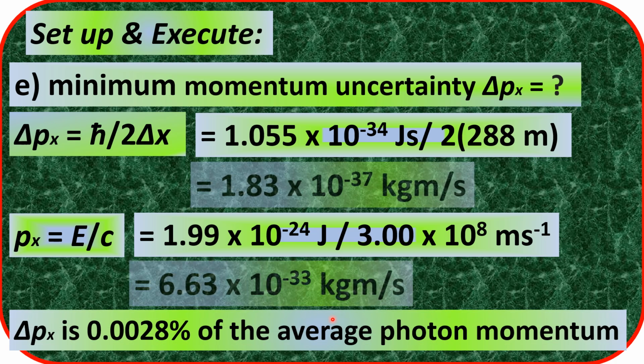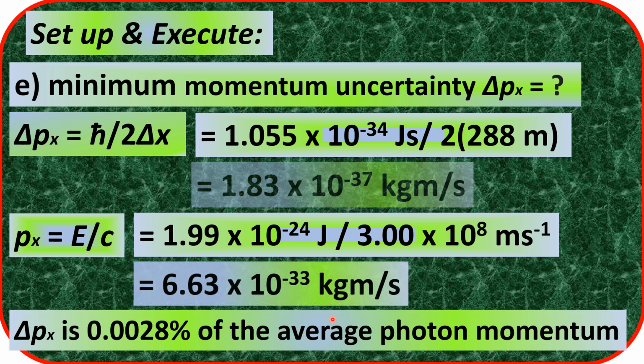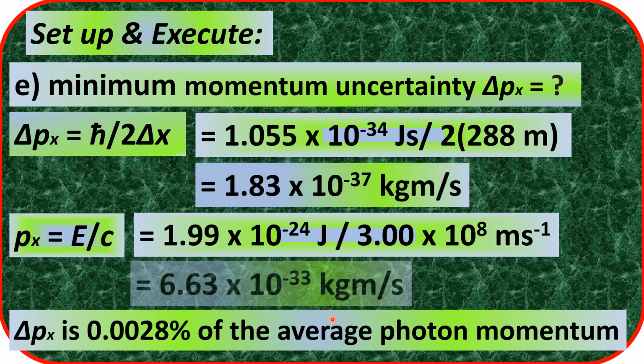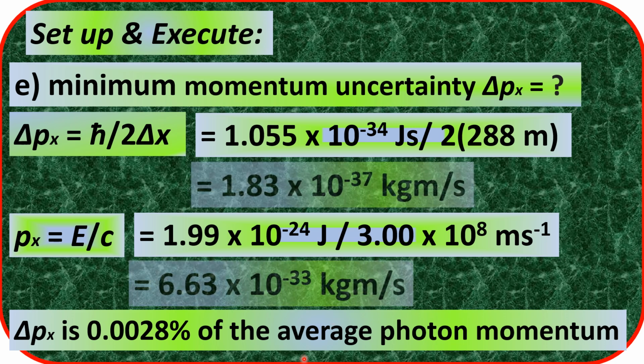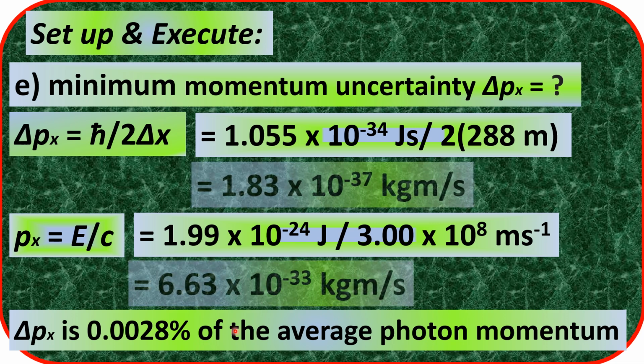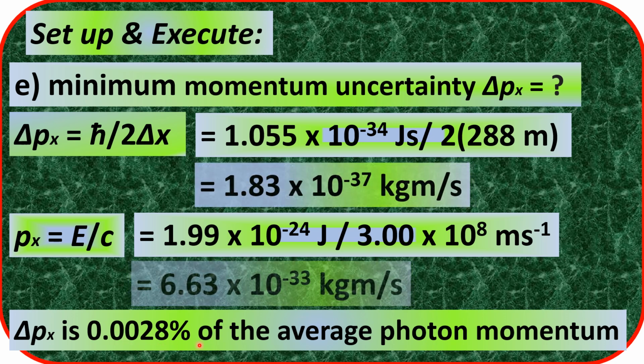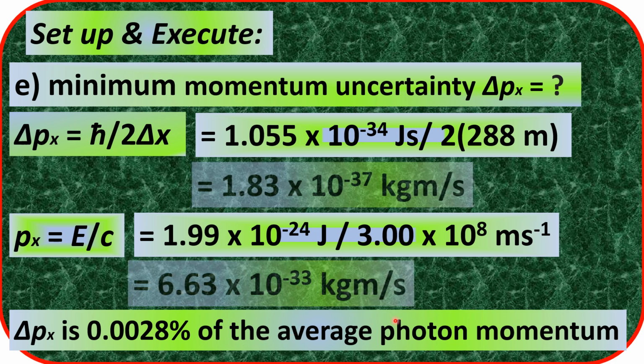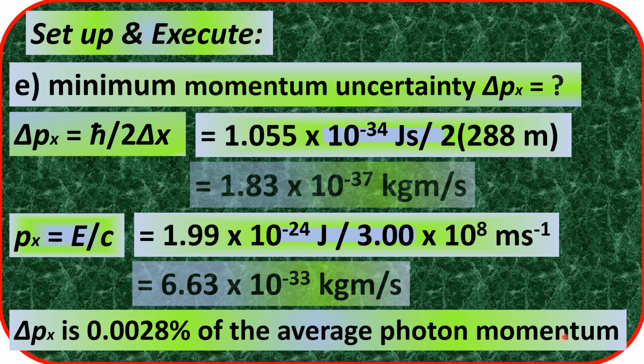So it appears that the minimum momentum uncertainty, delta p sub x, is in fact only 0.0028% of the average photon momentum, right?